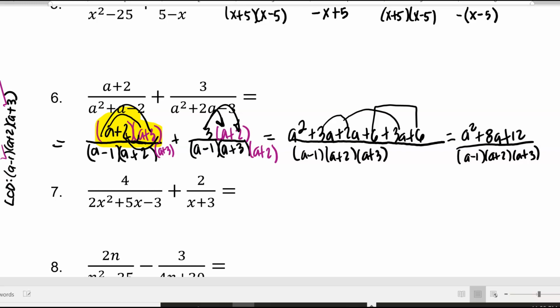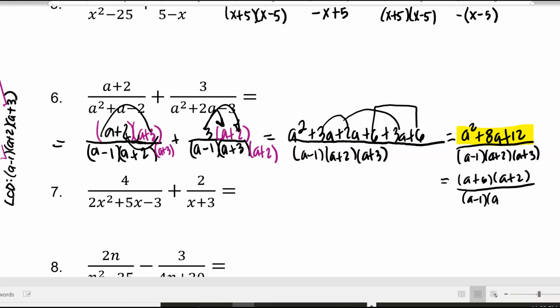Is this trinomial factorable? Is that the question? Factors of 12 that add to 8 are 6 and 2, right? A plus 6 times a plus 2 over a minus 1.